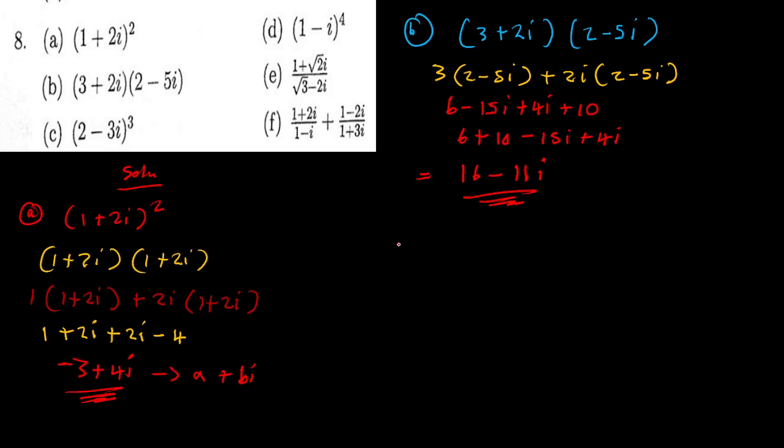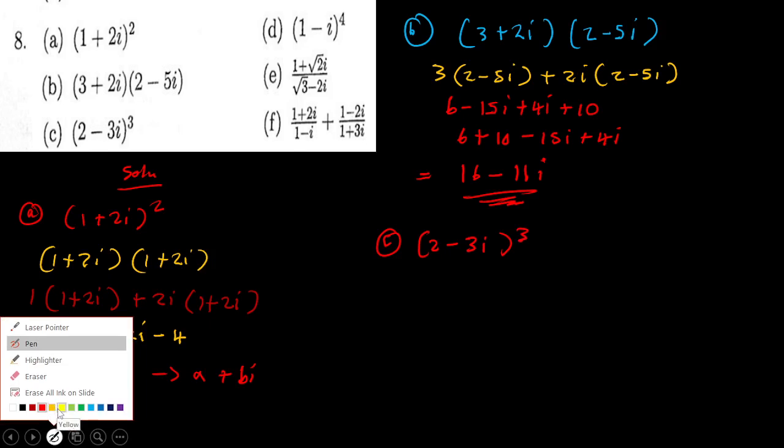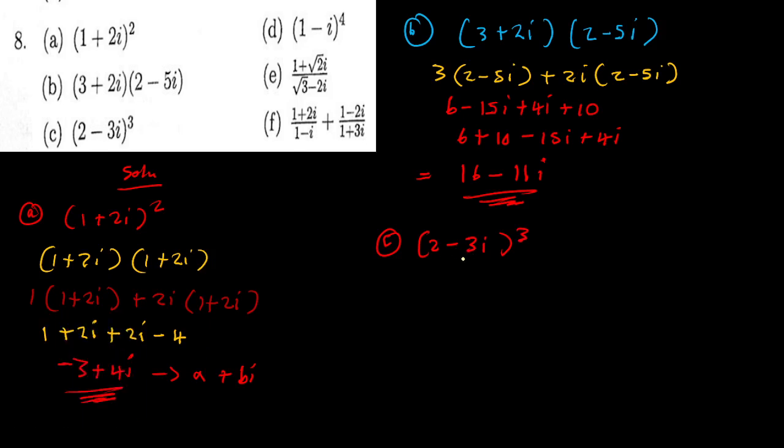Then we can go to C. I think C is also an easy one. C is 2 minus 3i, and then cubed. In that case, you need to understand that we are multiplying this 3 times.